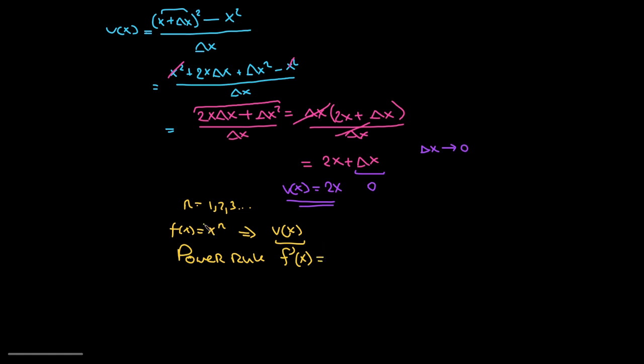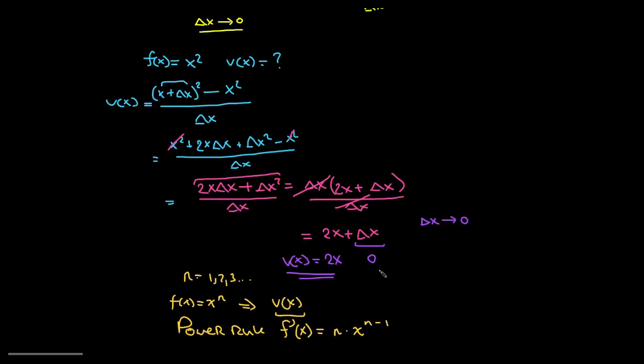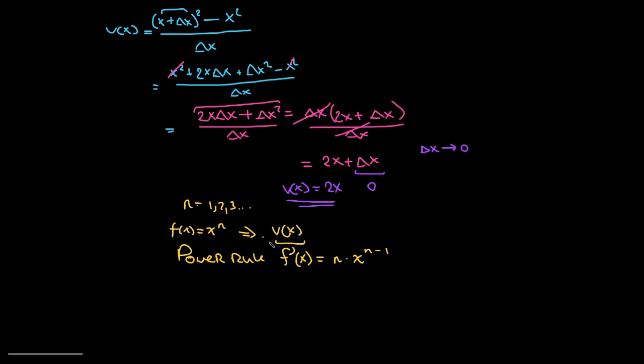The derivative of x to the n is, you do n, and then times x to the n minus 1. So you can imagine that n jumping forwards and becoming a coefficient and reducing the power by 1. And then you don't have to do this entire process. You can just say that if this is the function, then this is the derivative.